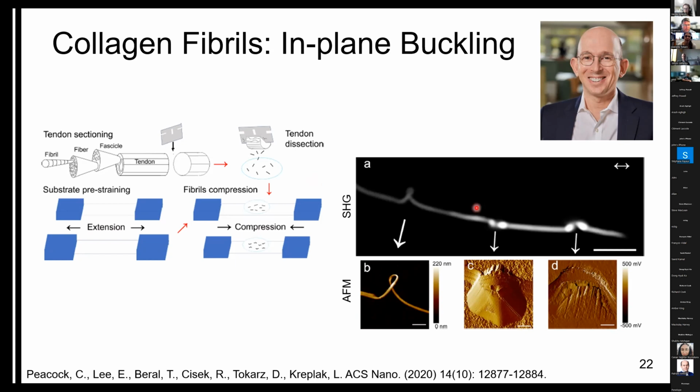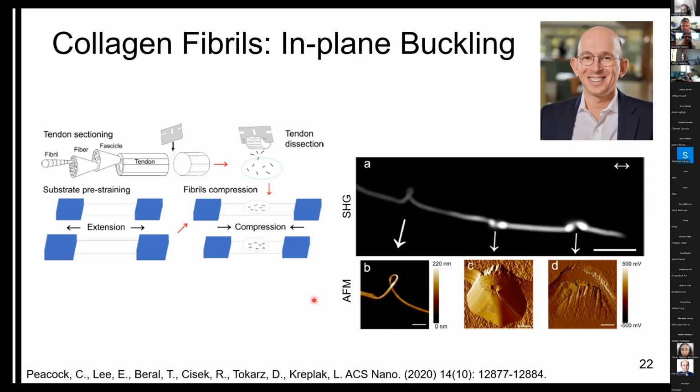So on the far left of the SHG image, you see a planar loop made from a single collagen fibril. And then to the right of this loop, there are these two bright areas with two bright spots. And they're actually made from a number of collagen fibrils that form these bulge-like shapes.